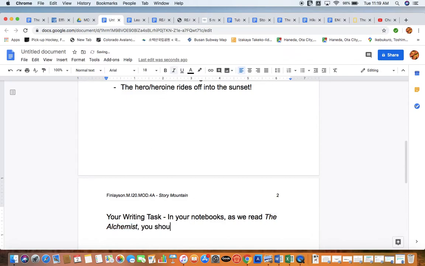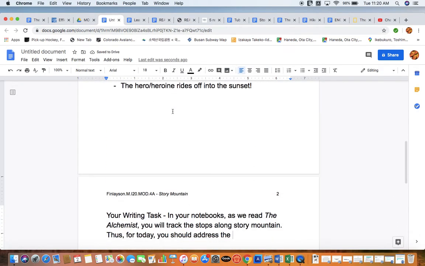You will track the parts, or the stops along Story Mountain. Thus, for today, you should address the beginning section.